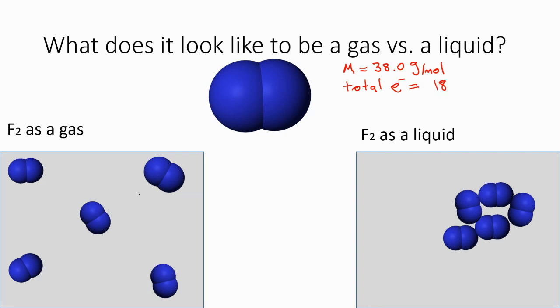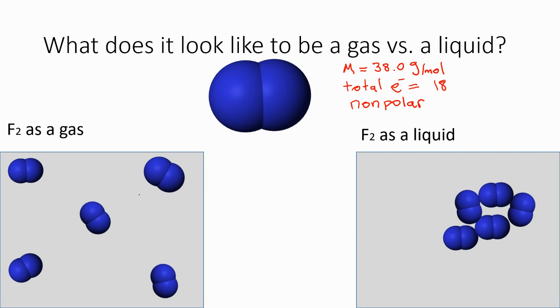Okay. And the last thing that I want to refresh our memory on is that fluorine itself is a nonpolar molecule. And just a reminder of what that means. To say something is nonpolar means that there's an even distribution of the electrons. So those 18 electrons that we find in fluorine are pretty evenly spread out. It's a neutral molecule.